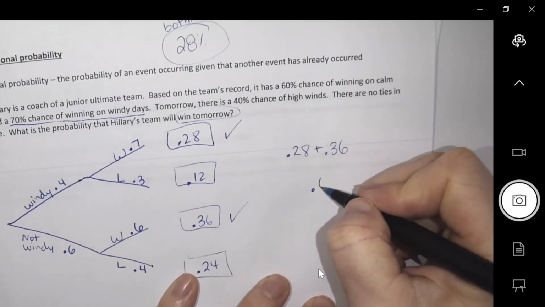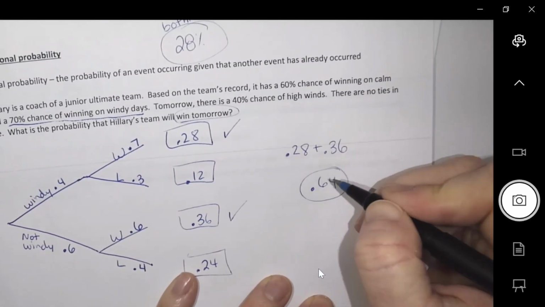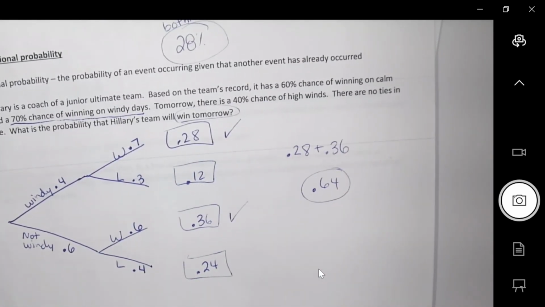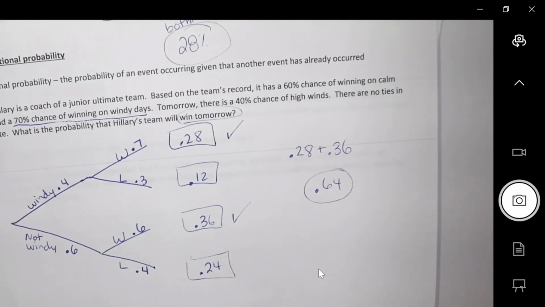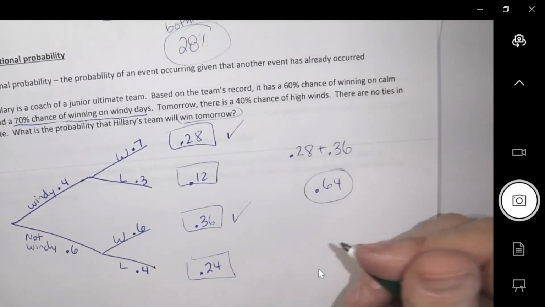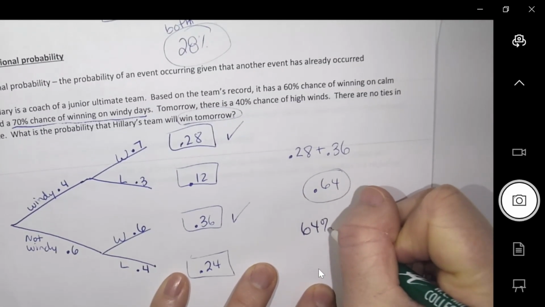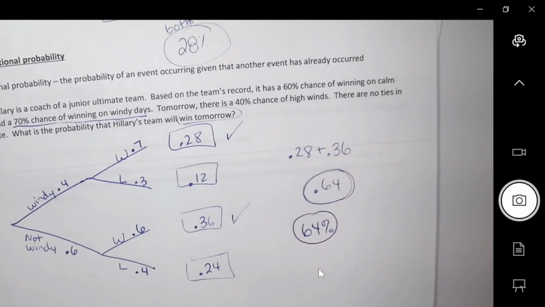There is a 0.64 probability, or you could say it as a 64% chance. It doesn't matter however you want to express it. You can leave it 0.64, that's good. If you want, you can express it as a percent, 64%. I'm giving full points either way.